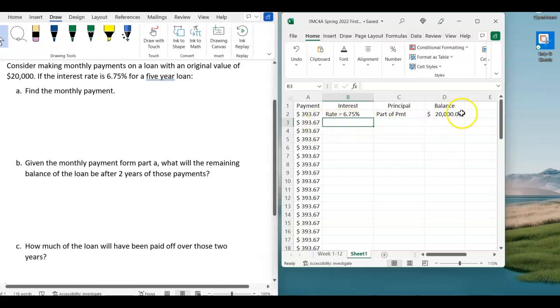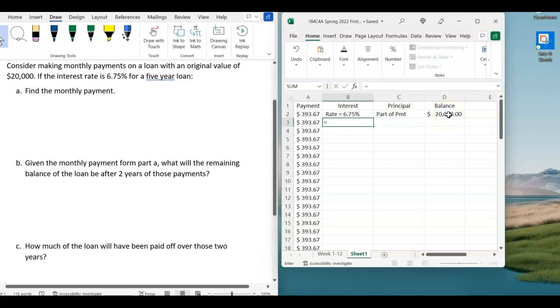So here's what happens in a loan. If you owe $20,000 and you're paying it off in 5 years at 6.75%, your monthly payment will be $393.67. The first thing the loan company does is say, you are going to owe us some interest. So I'll put a little formula in here. It will be equal to the balance of the loan, whatever that might be.